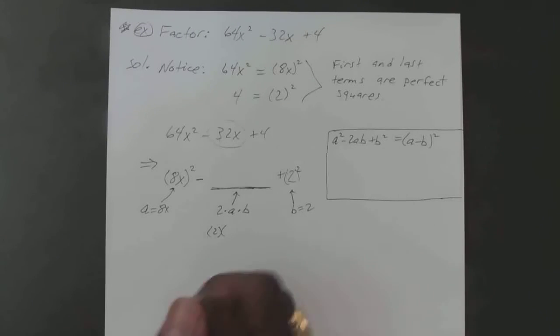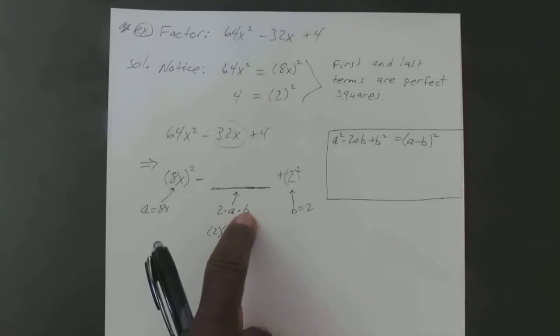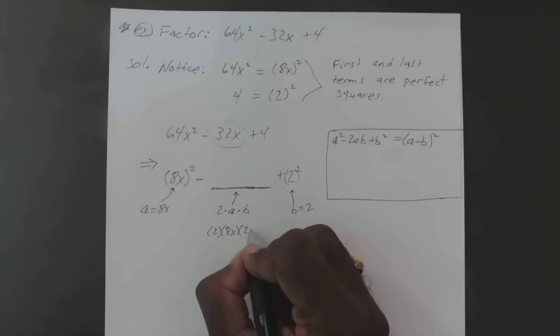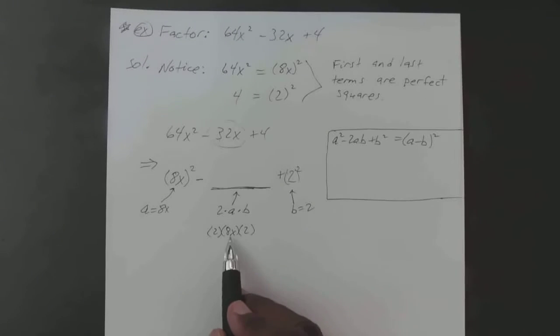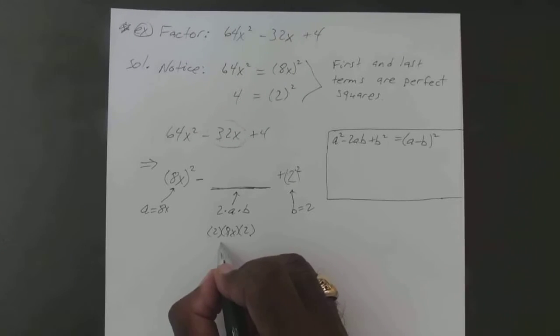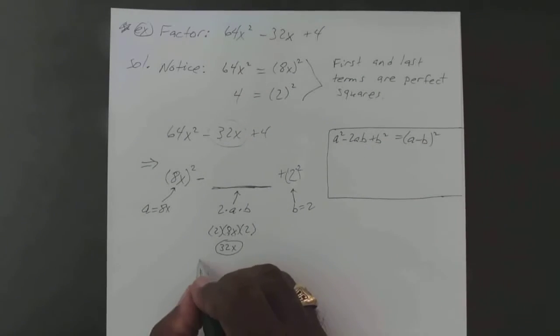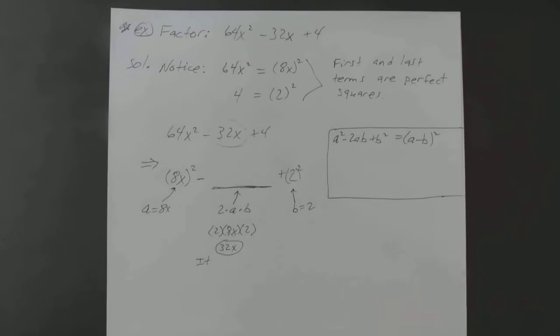Okay, so we have 2 times a, which is 8x, times b, which is 2. Okay, 2 times 8 is 16. 16 times x is 16x. 16 times 2 is 32, so it matches. Okay, so it's 32x. Okay, so we know it's a perfect square, or a perfect square trinomial.